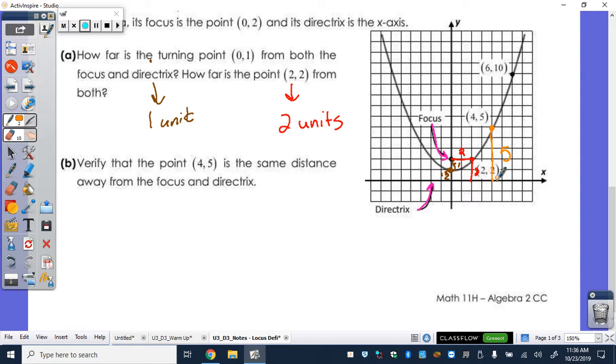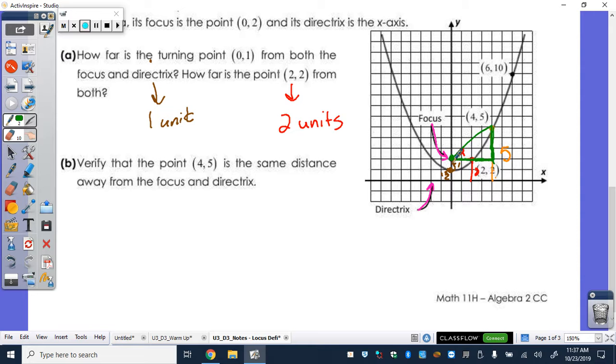And then if I try to figure out the distance from our focus to that point (4, 5), can I easily count? No. However, we can make ourselves a beautiful right triangle here. And then what could we use to figure out the distance?